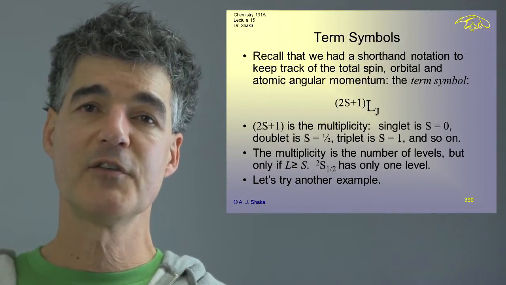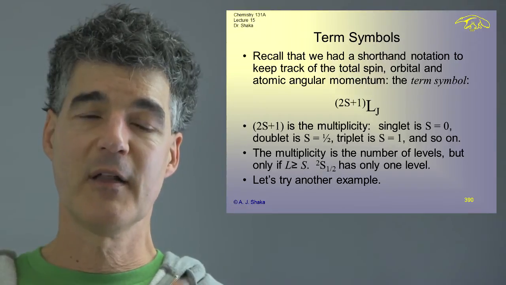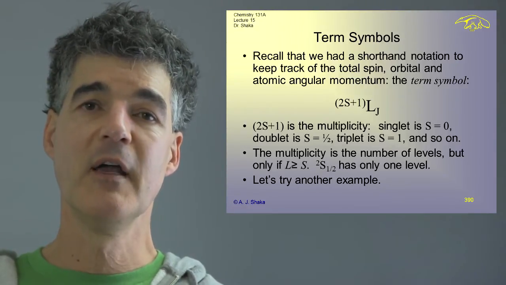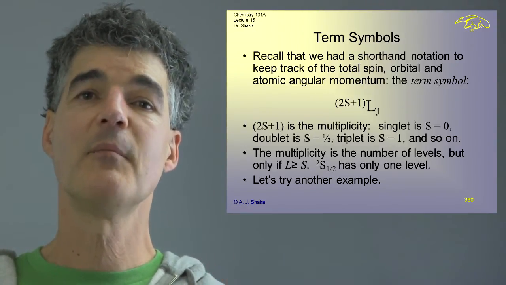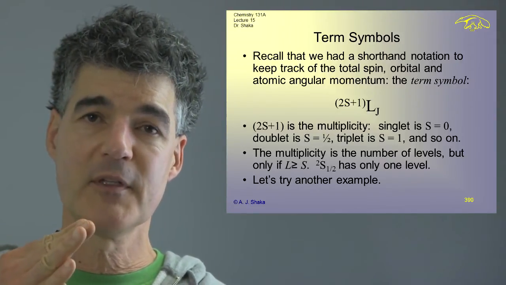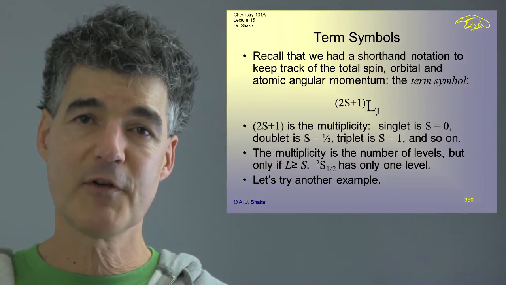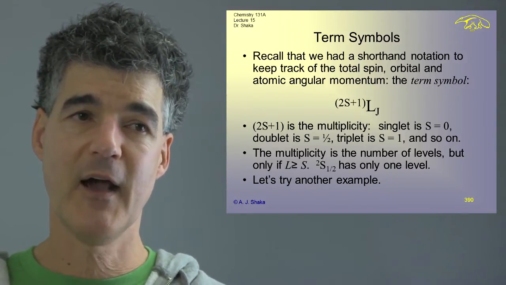Remember that we had a shorthand way to keep track of these various atomic levels, which was the term symbol, which gave us a sort of a summary of how L and S would magnetically couple to give the total angular momentum J, and would allow us to keep track of which transitions were allowed.